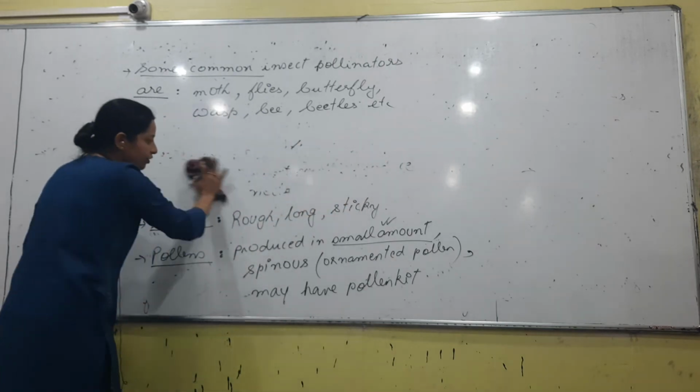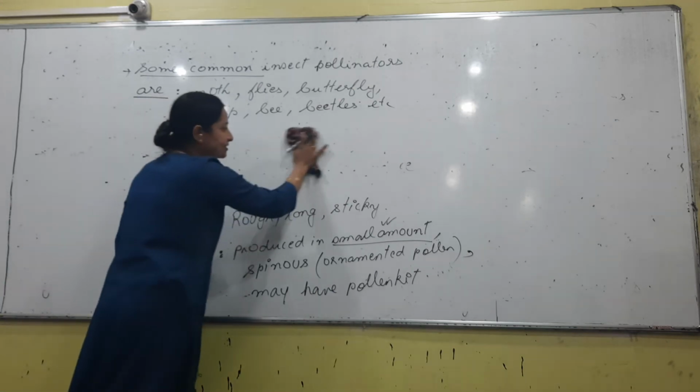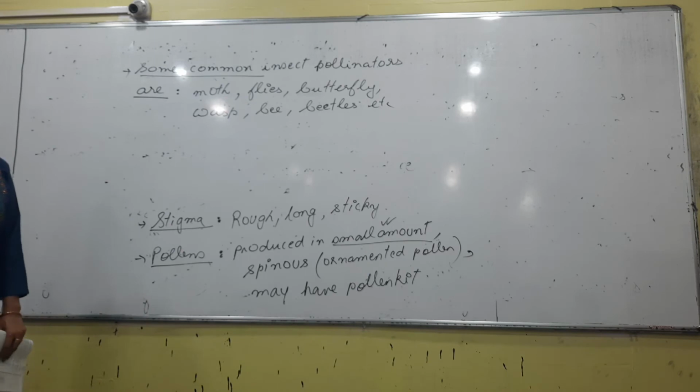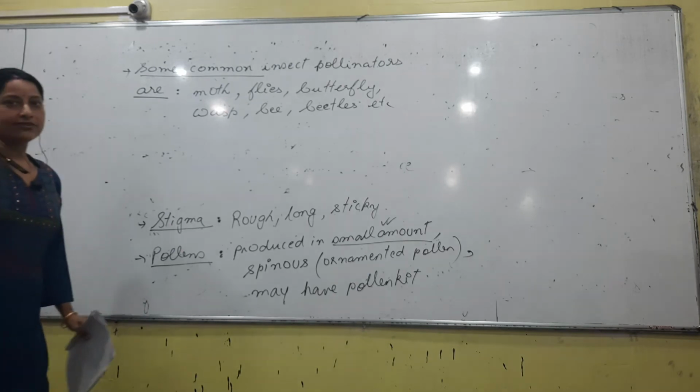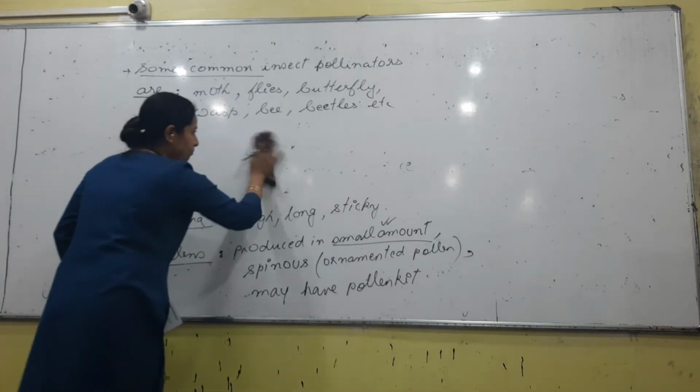For insect pollination, what is the characteristic that you should see in a flower? The flower needs to be very brightly colored, produce nectar, etc. Or maybe it has a sticky character or pollen kit.